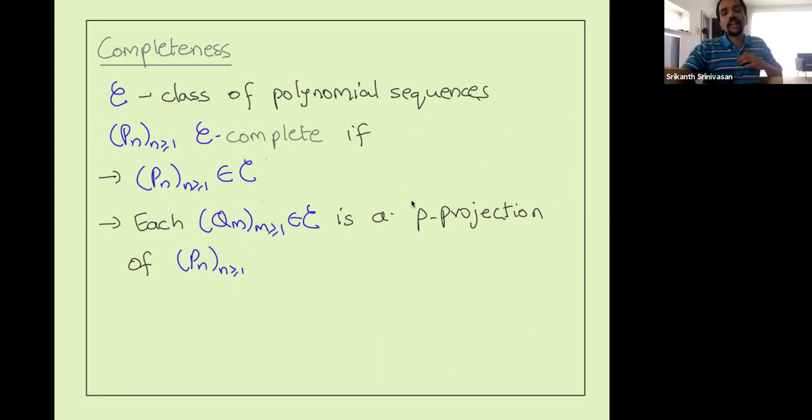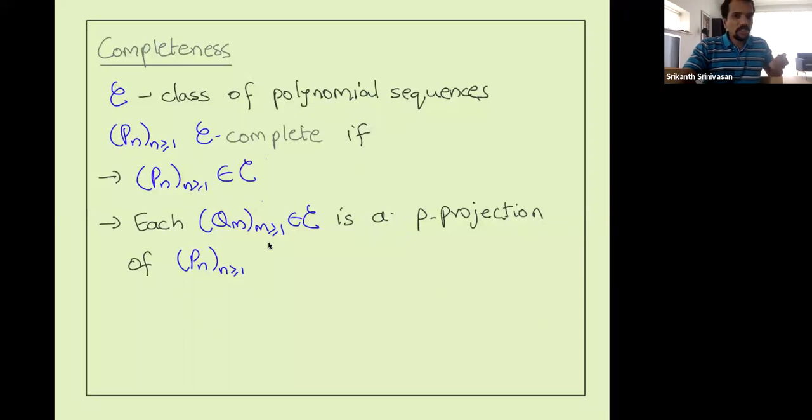When you have a class of polynomial sequences, like VF or VP or VBP, we have notions of completeness for this class of computational problems. We say that a given computational problem is complete for a class if it belongs to the class and every other problem in the class efficiently reduces to this problem. So the polynomial sequence Pn is said to be C complete if it belongs to C, and every polynomial sequence in C is a p projection of Pn.